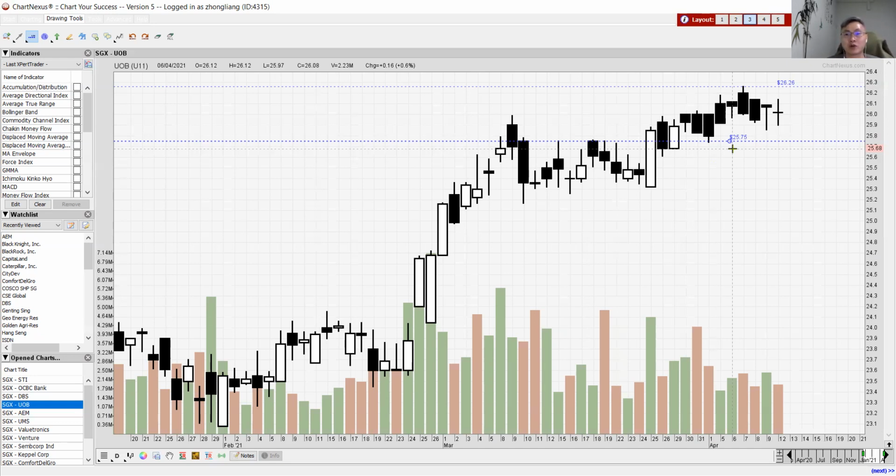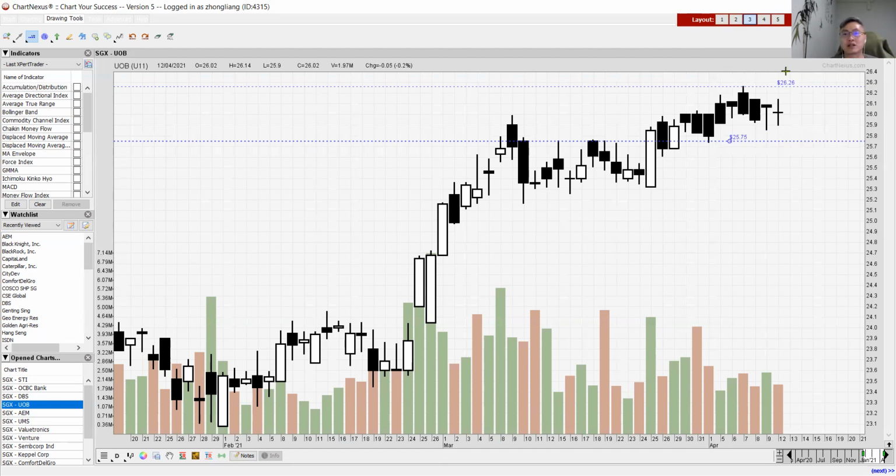So we got to watch out whether this happens or not. So if this would happen, support will break, and when the support breaks, we will expect a high volume break of support. Case in point is where I mentioned in last week's video, where the Yangzijiang example came in.